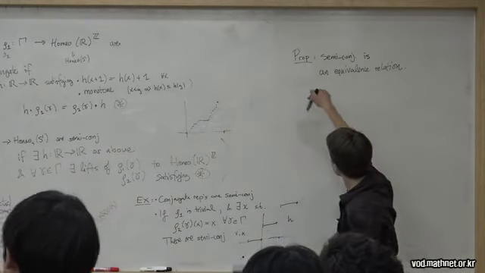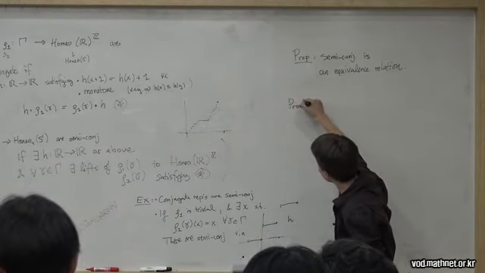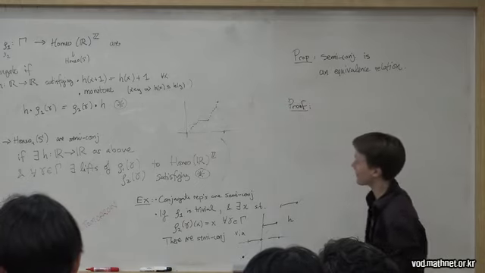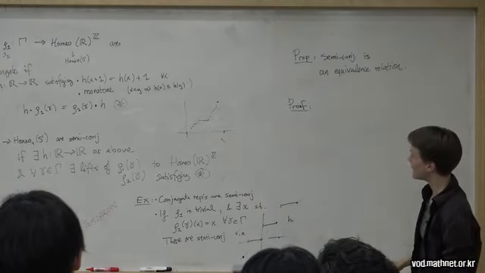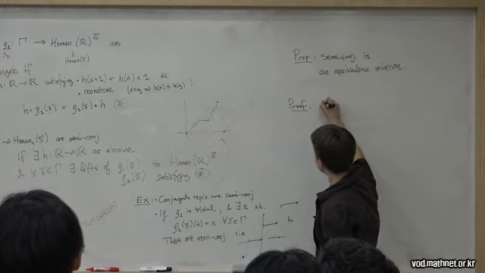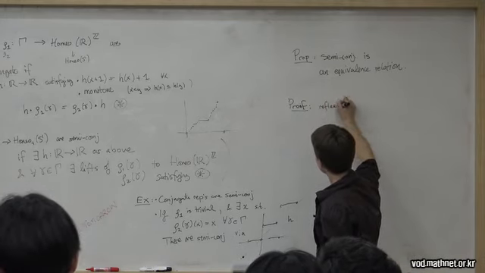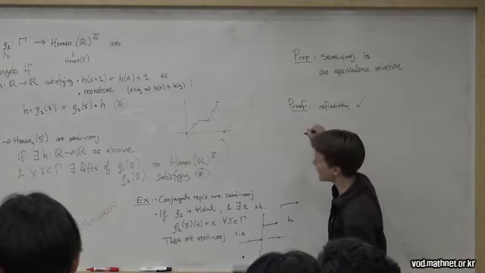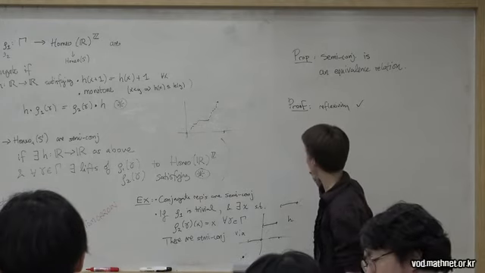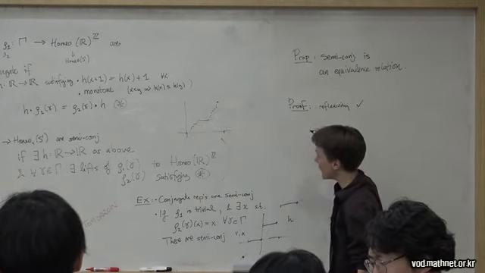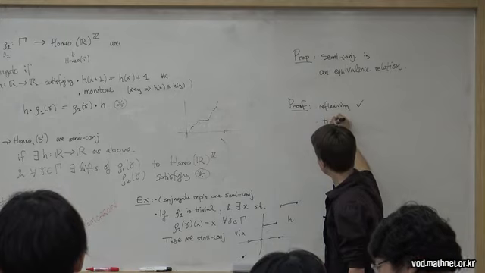Okay, so let's prove this. I actually want to prove something in detail so we can work with objects. So let's see, what do we need? Reflexivity. Okay, that's immediate. Take H to be the identity map. I need transitivity.